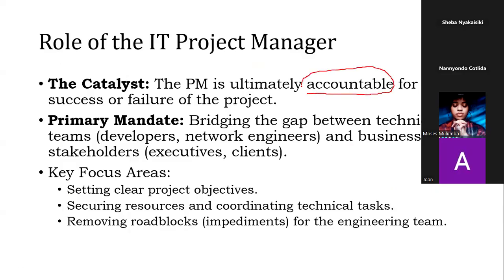You are the one who is responsible for the success or failure of the project. So management is key. You are the one who bridges the gap between the technical team, the developers, network engineers, and the business stakeholders.